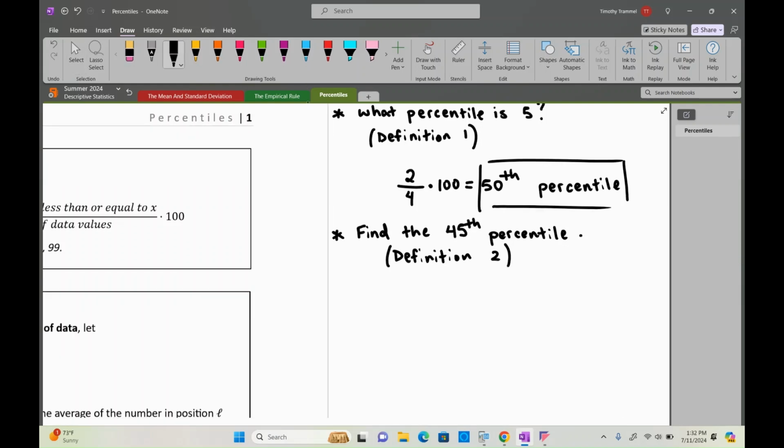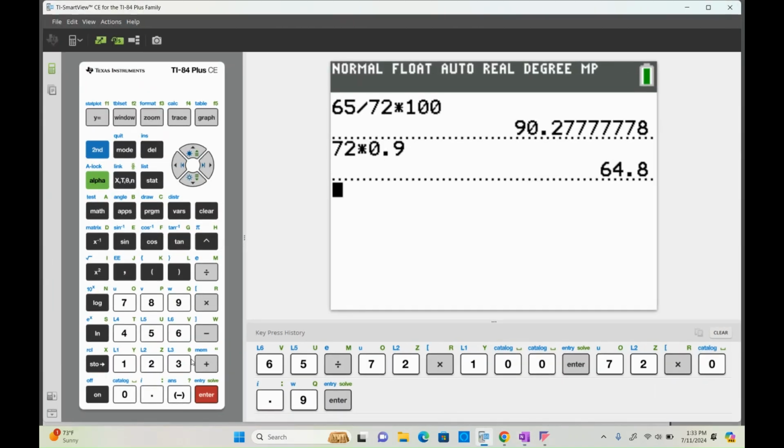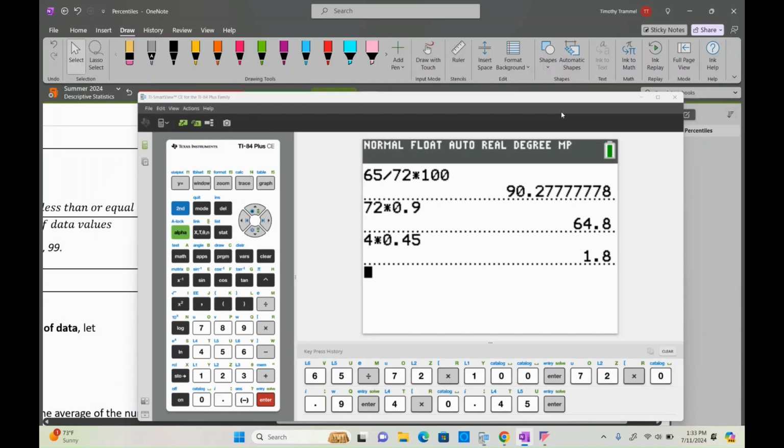So if I already used that little formula, we'd have L equals N, where N here was 4 times P over 100. And P this time is 45, and again, out of 100. So let's see what that gives us if we do 4 times 0.45. We get 1.8.